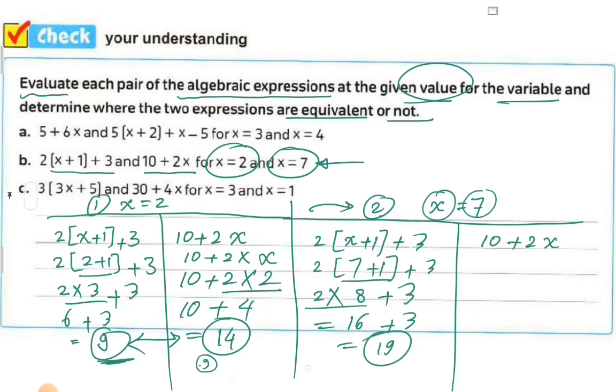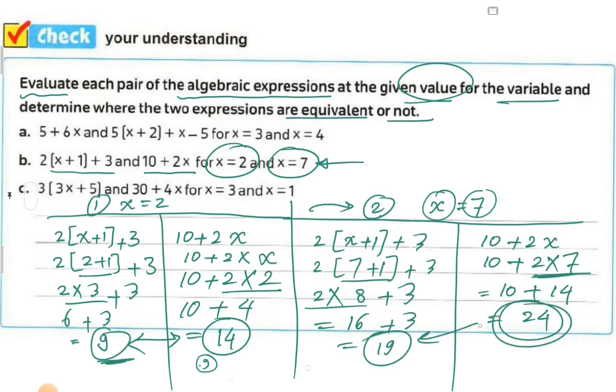Here we have 10 plus 2x, that's 2 by x. x equals 7. Do the multiplication. 10 plus what? 14. 10 plus 14 equal 24. Again, we find they are not equal to each other, so these two expressions also are not equivalent to each other.